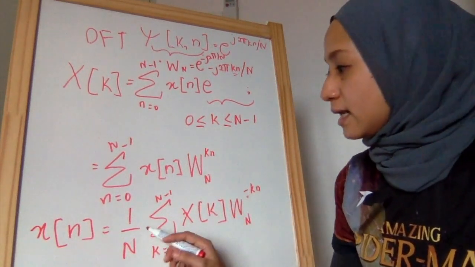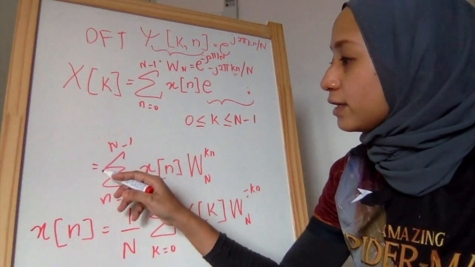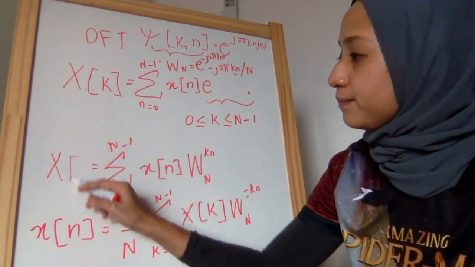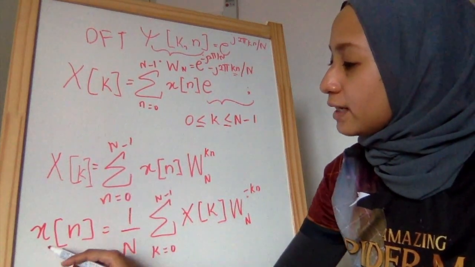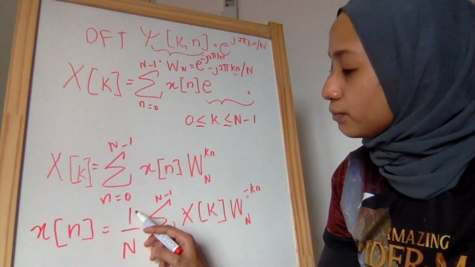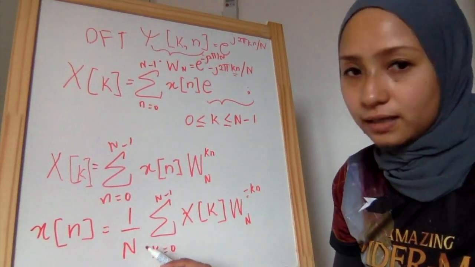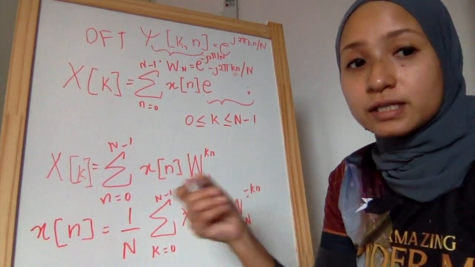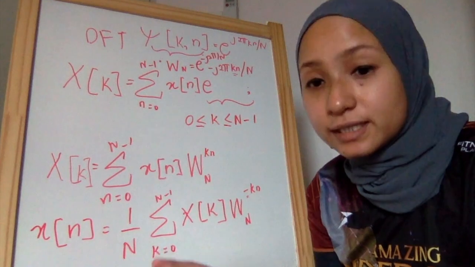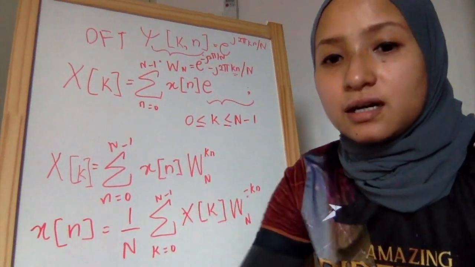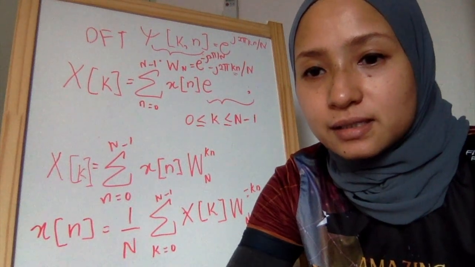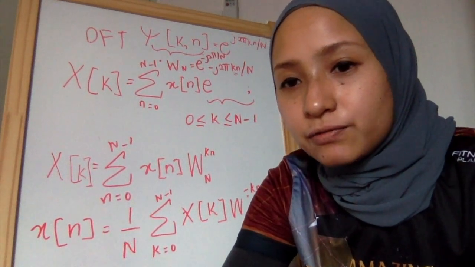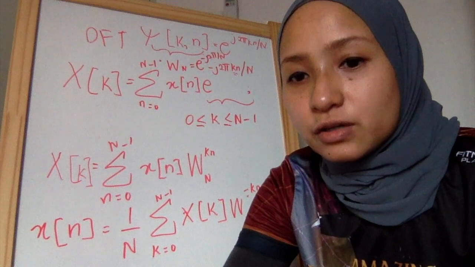For Xk we don't have 1 over N, but if you want to find xn, we need to multiply it with 1 over N. Why again? Because we need to find the inverse.